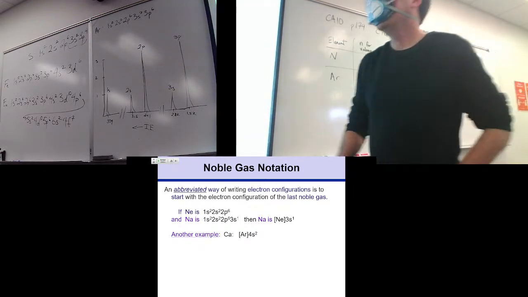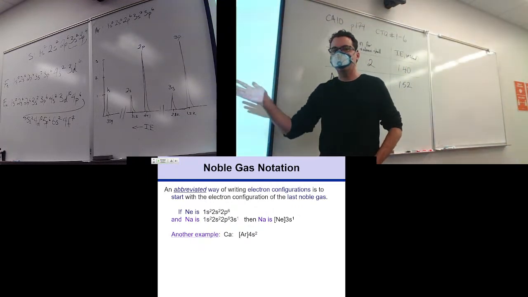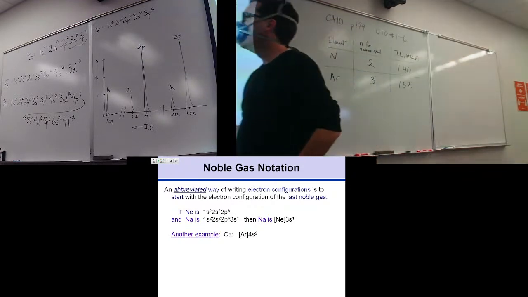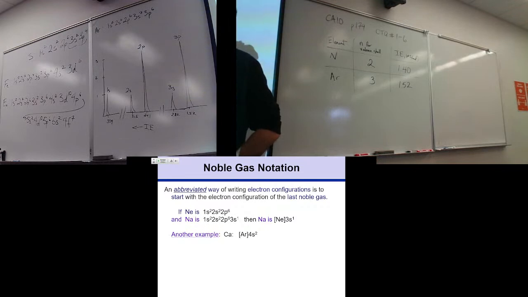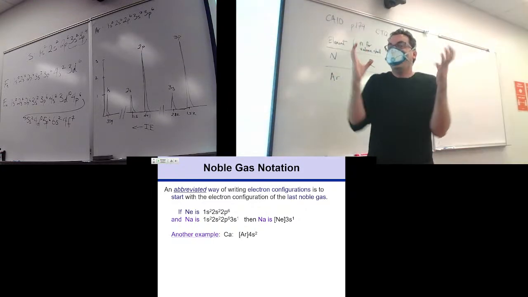Now, there is a little bit of irregularity in terms of what a professor who teaches chemistry will accept from a student as an answer. If you were to just say the noble gas configuration of argon is argon in brackets, technically you're right.